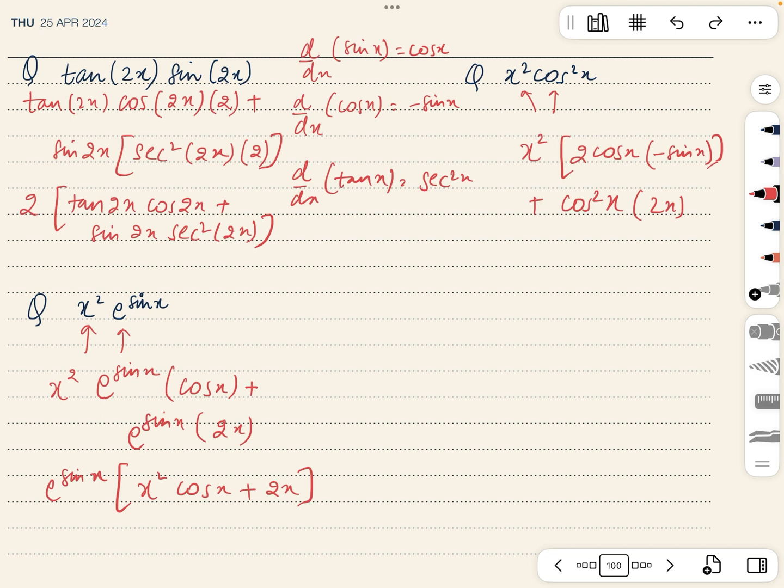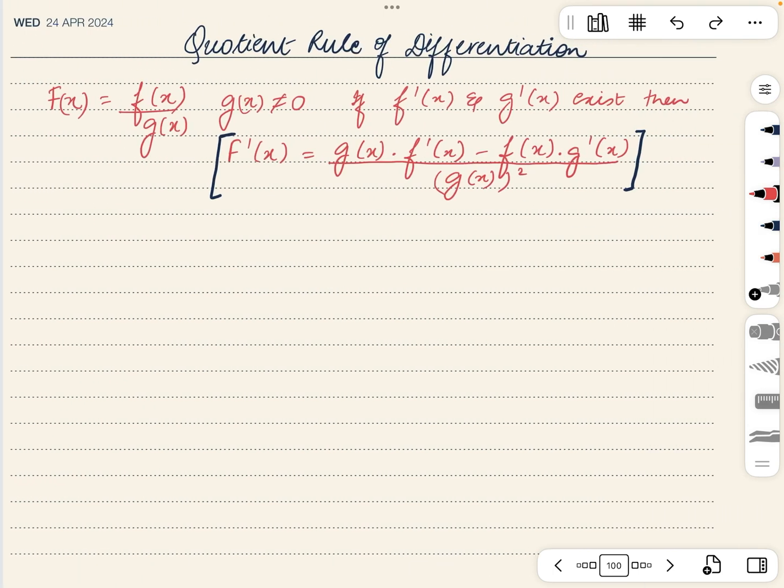So this will be minus 2x square cos x sine x plus 2x cos square x. This is your final answer. Let me just finally check. 2 times x square and minus outside sin x cos x, correct? And 2x times cos square x, that is also correct.